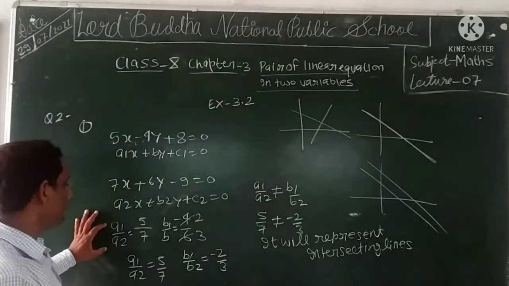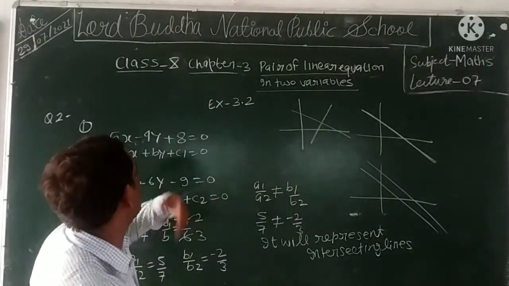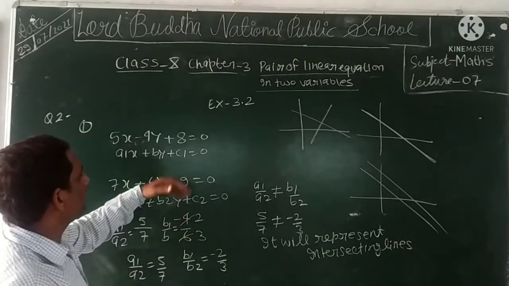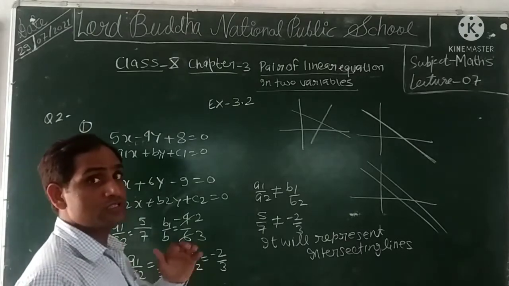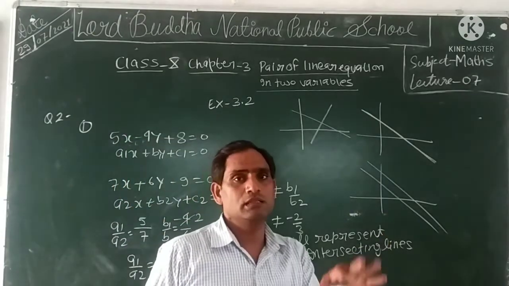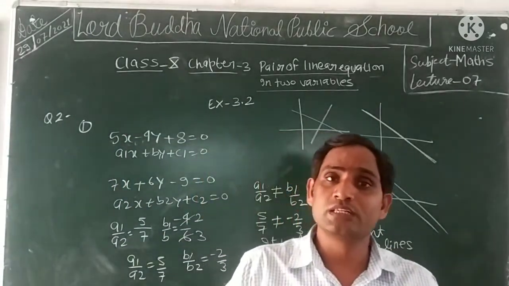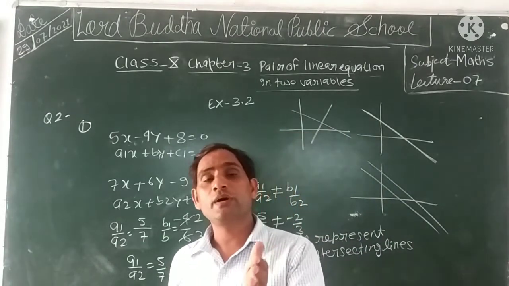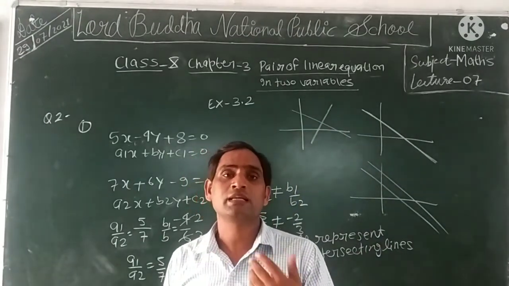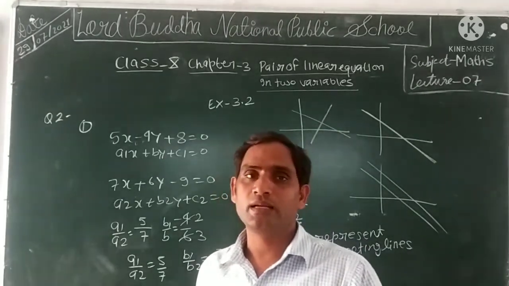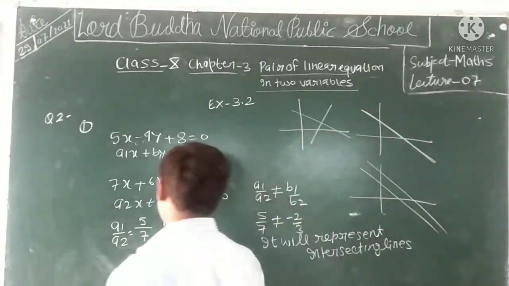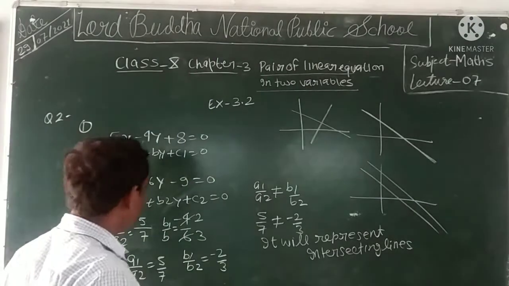If A1 upon A2 and B1 upon B2 are equal, then we check C1 upon C2. If all three are equal, it will represent coincident lines. And if A1 upon A2 equals B1 upon B2 but not equal to C1 upon C2, then it will represent parallel lines. Now we see the second one.